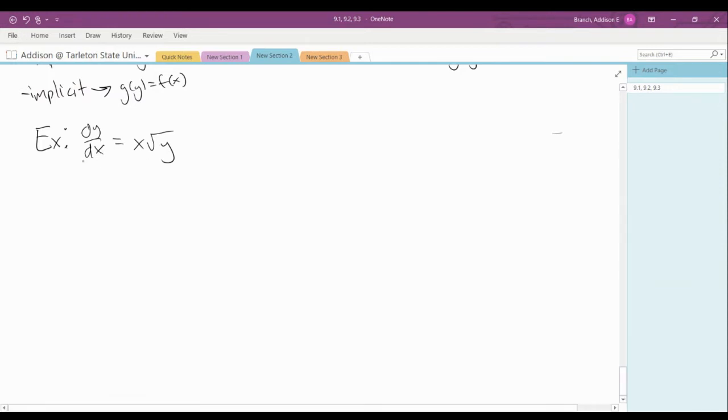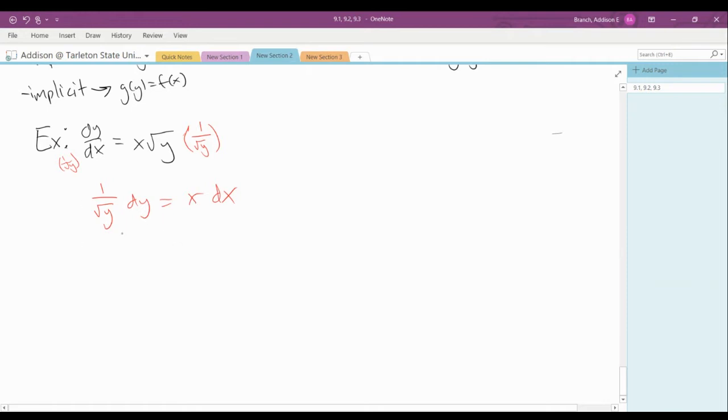So we can go ahead and multiply times 1 over square root of y on both sides, and then move the dx over to get 1 over square root of y dy is equal to x dx.